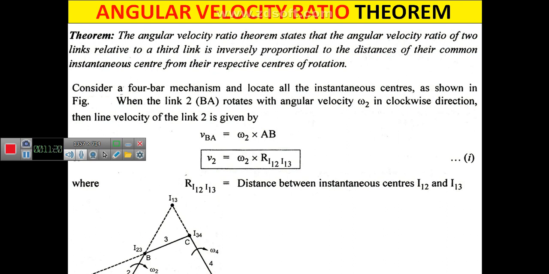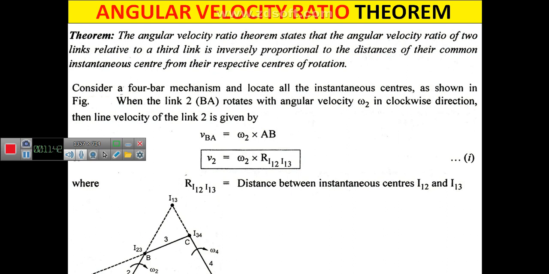For example, take the same 4-bar arrangement with the numbering 1, 2, 3, 4 and A, B, C, D. Do everything first, and simply mark all types of instantaneous centers. Now I would like to find the velocity of link 2, that is the velocity of B relative to A.